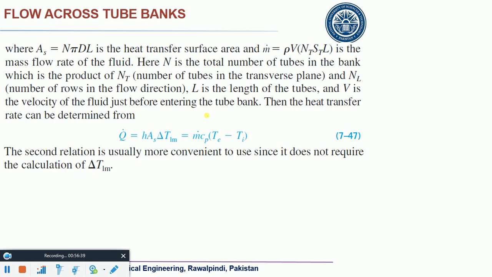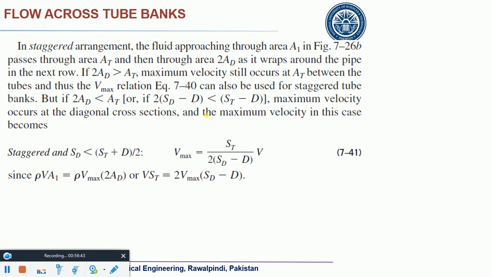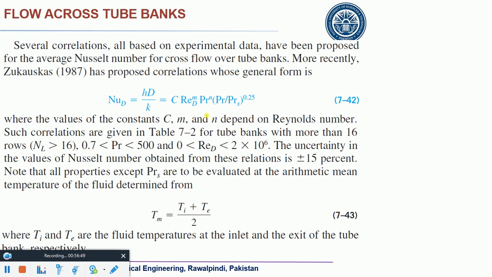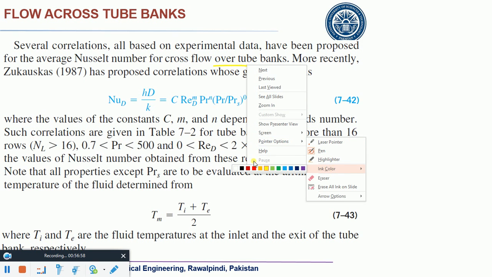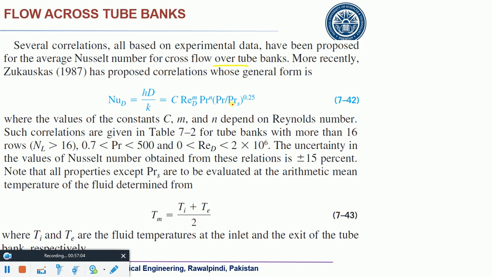Okay. So I hope you understand how to find out Vmax. So the point is you find out that Vmax and then you calculate the Reynolds number. These are again the same things. Now if you have Nusselt number for flow over tube banks, Zhukauskas, the scientist, proposed in 1987 that the Nusselt number should be presented in this form for flow over tube banks, right?